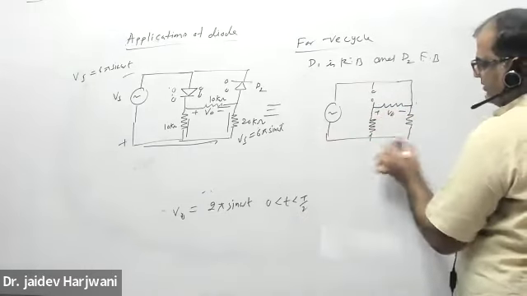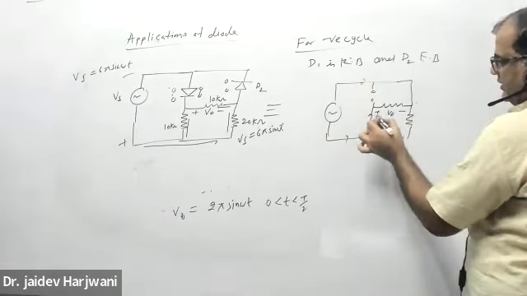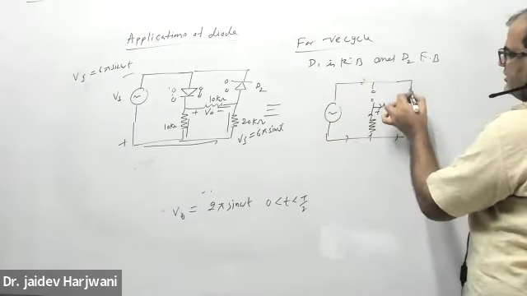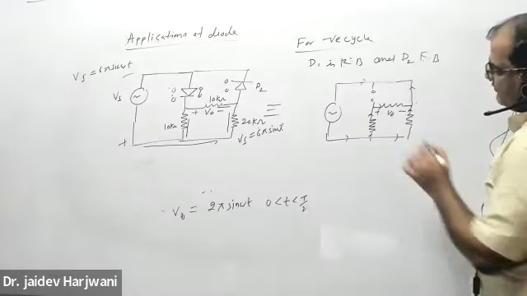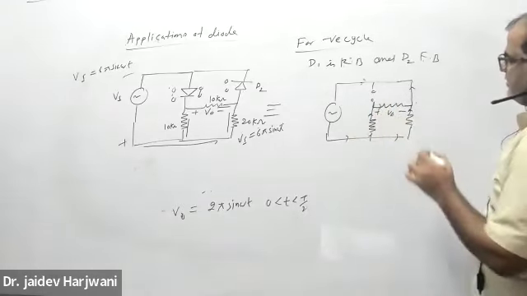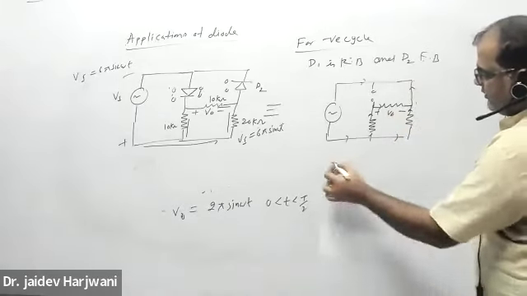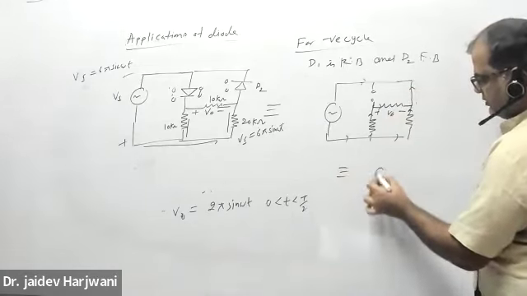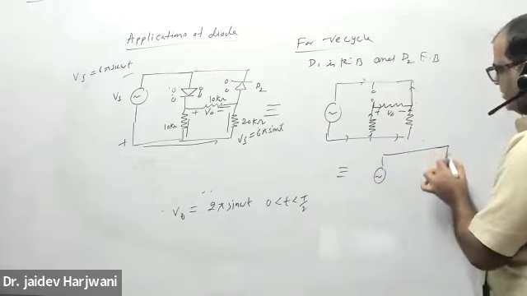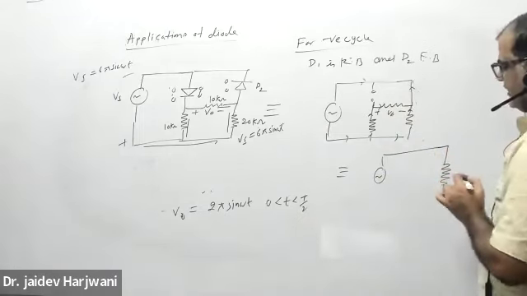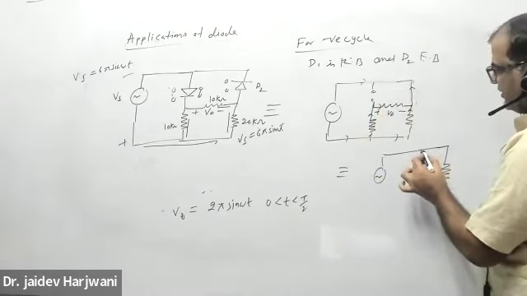Current comes here and then combines together. If this point is broken but this point is here, this is equivalent to Vm. So I can draw this resistance like this, and it is parallel to this resistor.